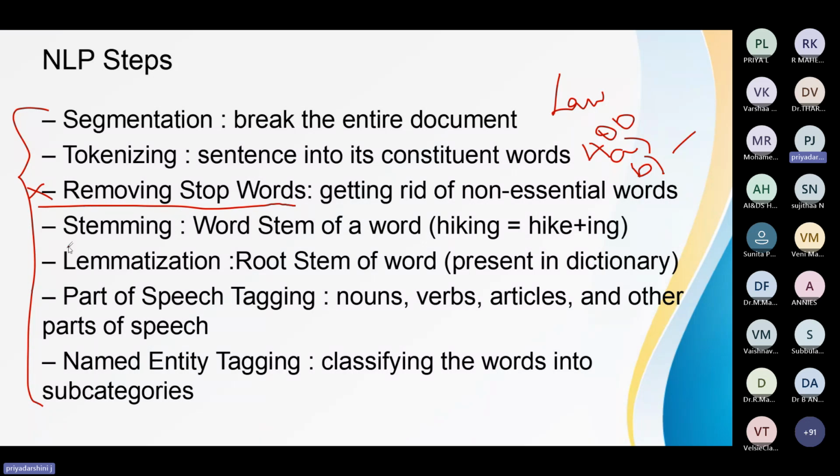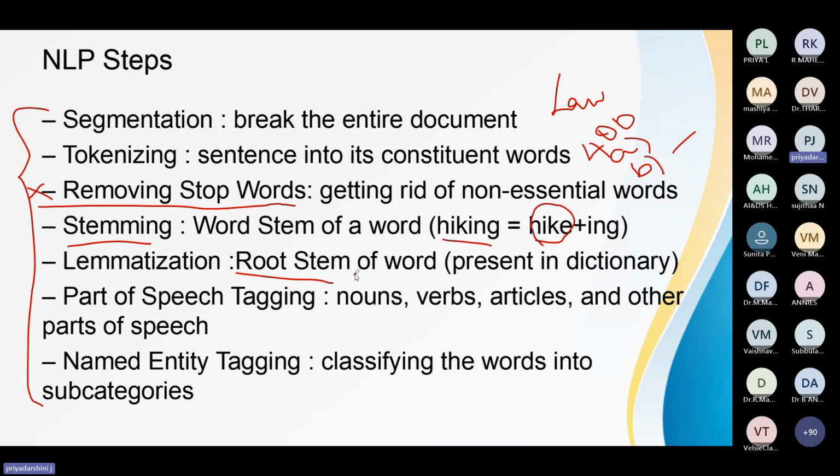Fine. So stemming is the fourth one. Word stemming is finding out the base word. So when I write "hiking", the base word is "hike". That is stemming. Lemmatization, again, is about the root stem. I can have so many words having the same meaning, fine.